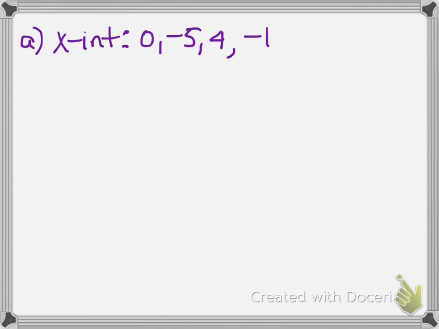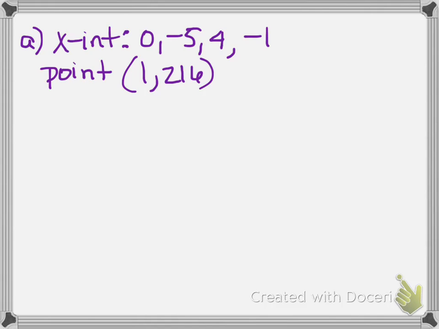Section 1 is writing an equation in factored form for a polynomial function with real coefficients. For A, we have x-intercepts at 0, -5, 4, and -1, and we're going through the point (1, 216).